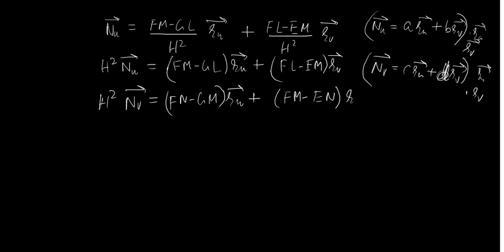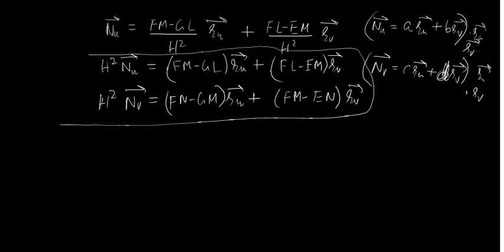So in this way I have been able to write the partials of my unit normal in terms of the partials of r, r sub u and r sub v. So these are called Weingarten equations.